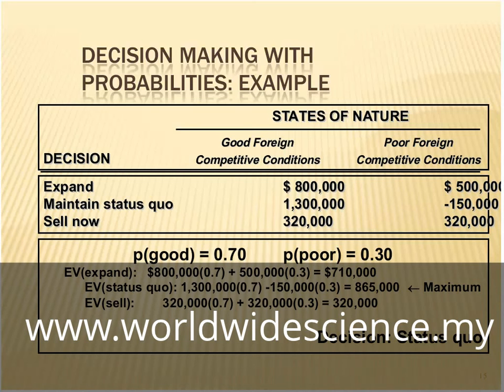So by use of the expected value under risk, if operation managers are able to predict the probability and want to make a decision under risk, they should select the maintaining decision.